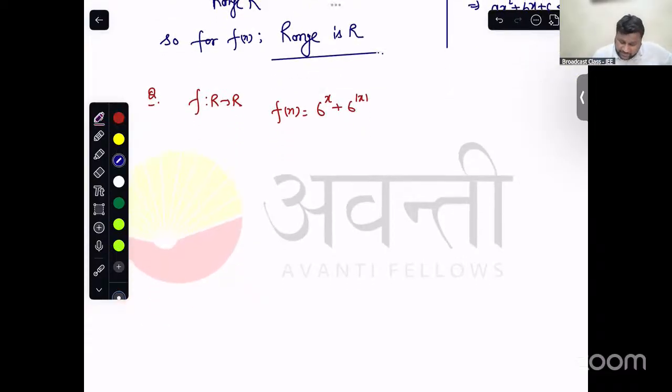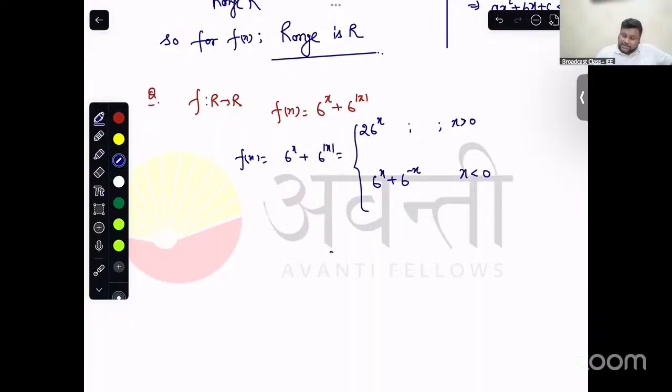Okay. f(x) is given to you as 6 to the power x plus 6 to the power mod x. Now see, if x is more than 0, this will be 6 to the power x twice. If x is less than 0, this is 6 to the power x plus 6 to the power minus x. Correct? So I can say if x is greater than 0, it is 2 times 6 to the power x. If x is less than 0, it is 6 to the power x plus 1 upon 6 to the power x. Fair enough?